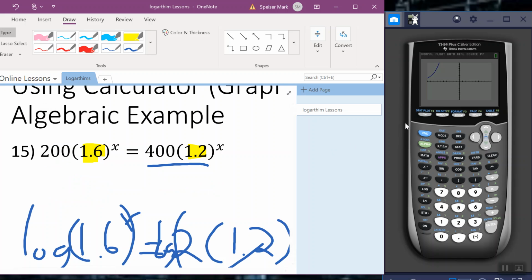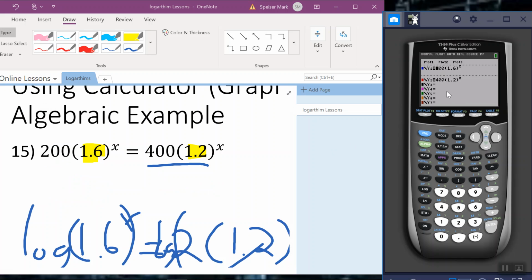If you look at our equations, 200 times 1.6 to the x and 400 times 1.2 to the x, you look at the table of both equations, and you check whether there is a place where the two are sort of the same.